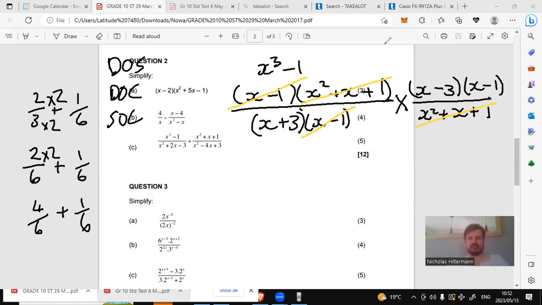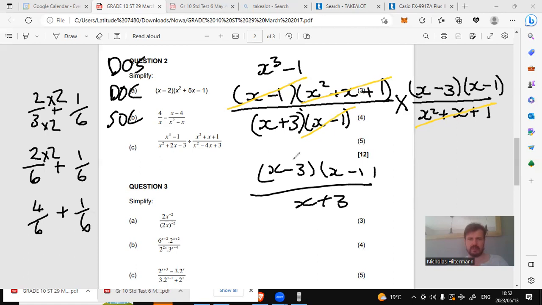So actually, we end up with just x minus 3, x minus 1 over x plus 2. These do not cancel. I thought they might have, but I've just checked and they don't seem to. If it was minus and minus, it would factorize.